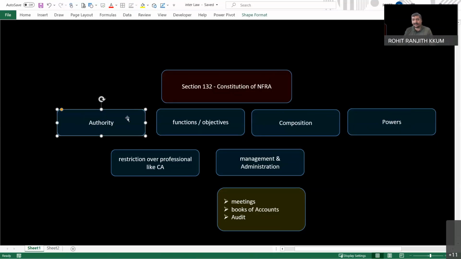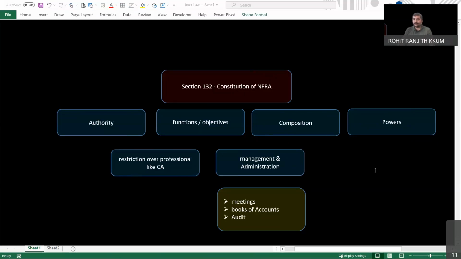And central government can decide who should be the chairman, how many members should be there, and what should be the qualification of those members. Central government can say who can become member of NFRA. So all those who have the minimum experience of either management, law, or practicing chartered accountant, so they can frame the rules regarding age, qualification, and everything.